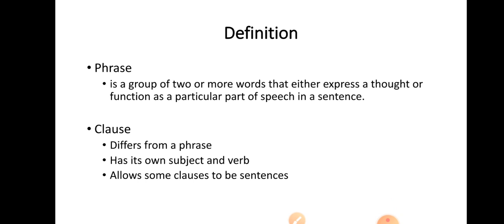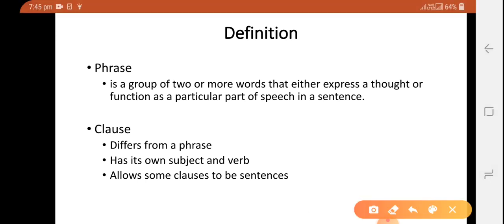Whereas clause differs from a phrase and it has its own subject and verb. Clause has its own subject and verb. It is an important part that we should remember, because in a sentence normally we will see subject and a predicate.